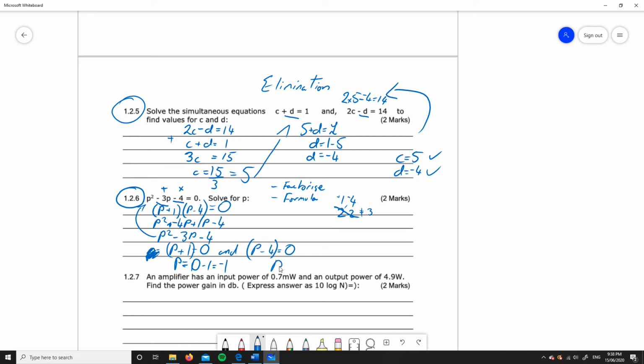Over here, p minus 4 equals 0. So p equals 0 plus 4, which equals 4. So over here I could write p equals negative 1 or plus 4.